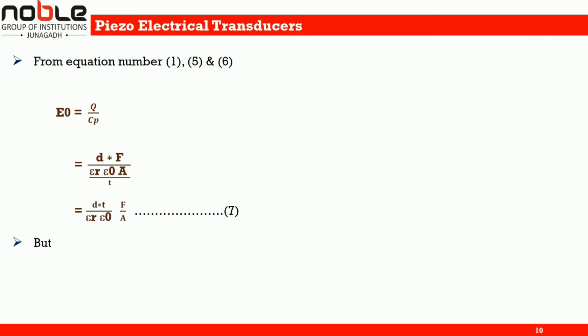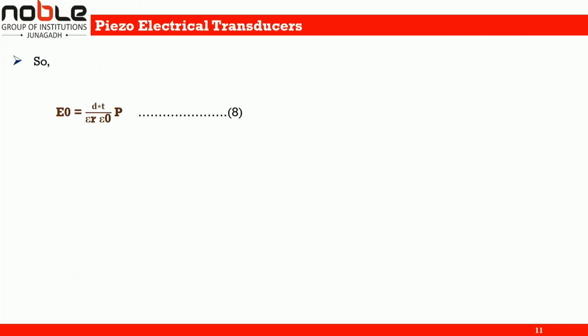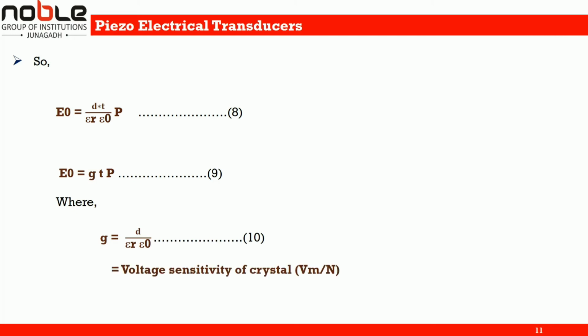But F by A is equal to P, the pressure or stress in Newton per meter square. So E0 is equal to D multiplied by T divided by epsilon R epsilon 0 multiplied by P, that is equation number 8. E0 is equal to GTP, where G is equal to D divided by epsilon R epsilon 0, that is equation number 10, and G is the voltage sensitivity of the crystal, in Vm per N.